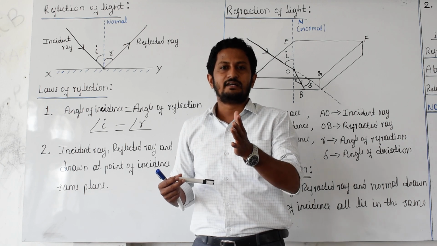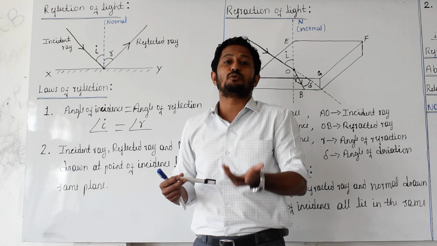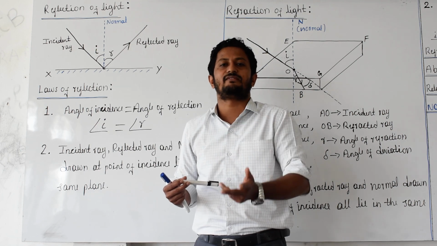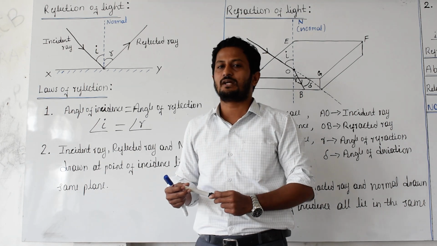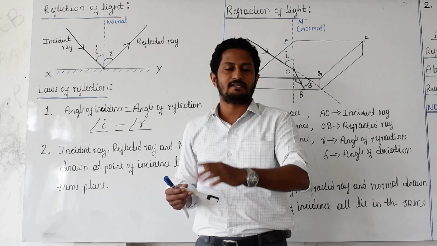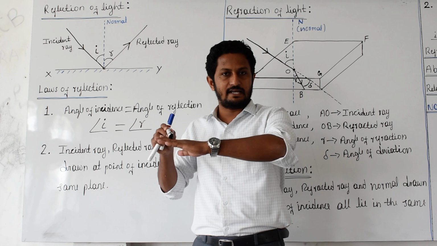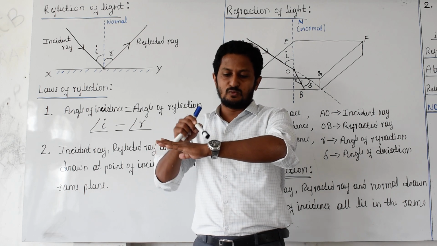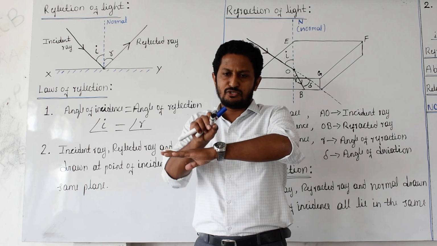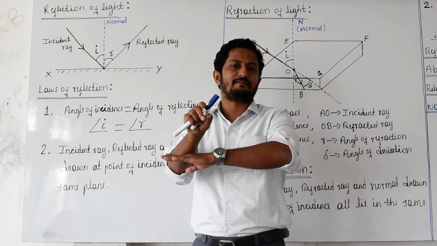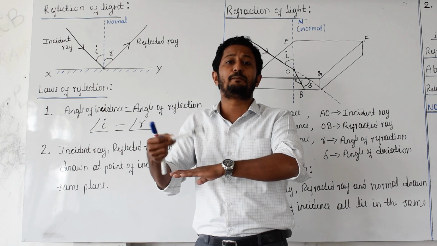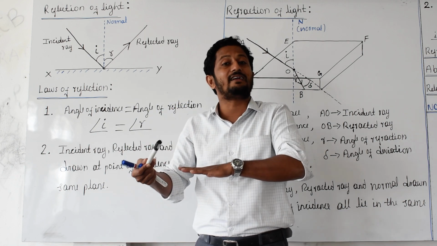We need reference to say the position of anything, where it is. Those we call coordinates. There are three, x, y and z. Suppose this is the x line, this vertically held one is the y line, and the one coming towards you is the z line. With the help of these three lines, we can say the position of anything, where it is.